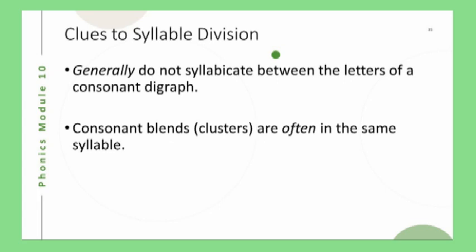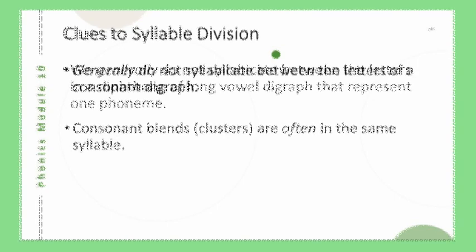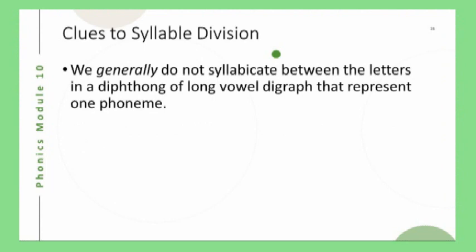Remember that a two-letter grapheme, a consonant digraph, acts as a single letter. Generally, do not syllabicate between the letters of a consonant digraph. Consonant blends, or clusters, represent phonemes that are blended together when pronounced. Consonant blends or clusters are often in the same syllable. Remember that long vowel digraphs represent one phoneme.